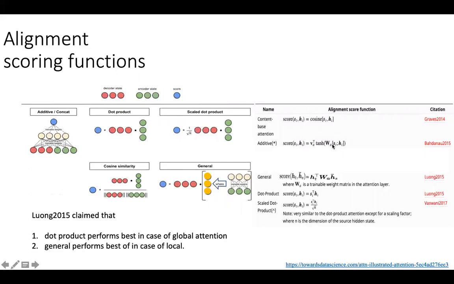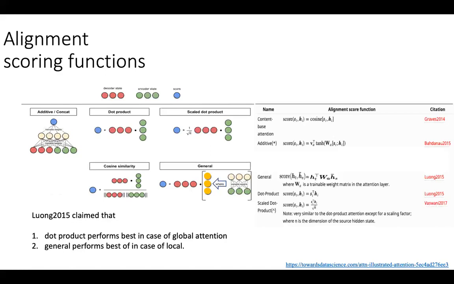We multiply them with a trainable parameter, then apply the tanh activation function on this layer, and again multiply with some trainable weights, and we generate the score.